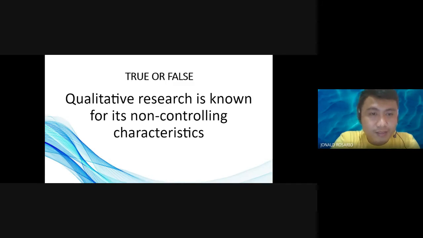Non-controlling characteristics. Okay, how about the rest? Qualitative research is known for its non-controlling characteristics.